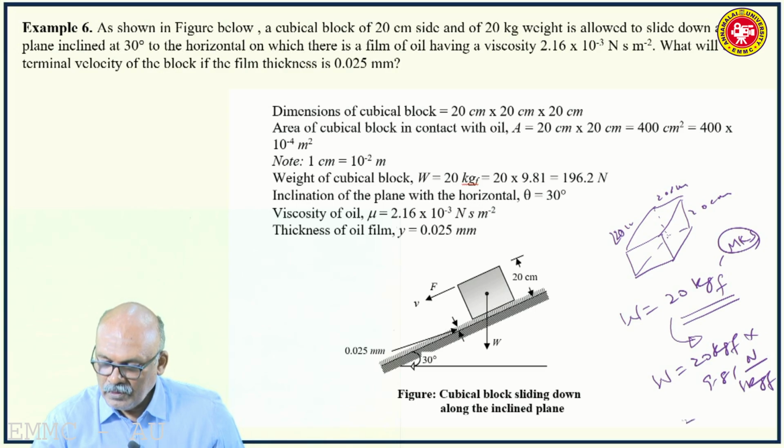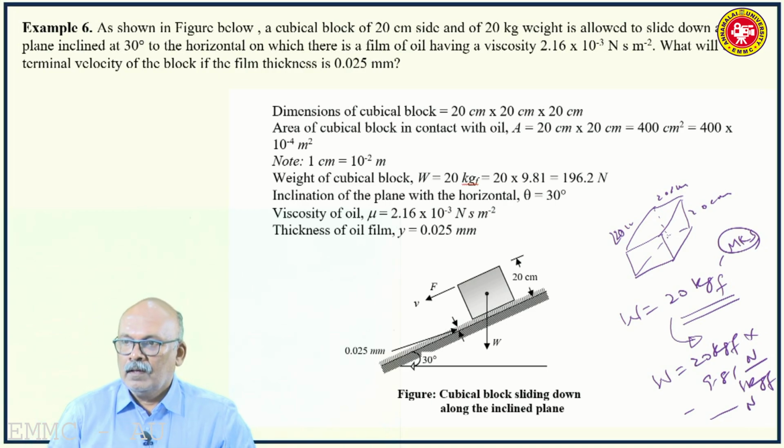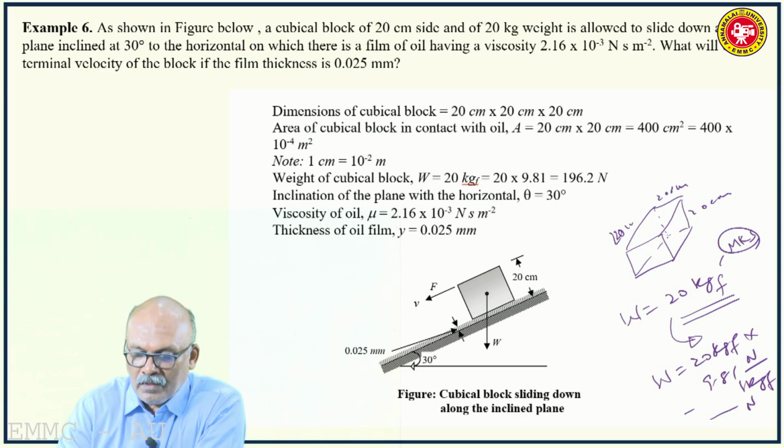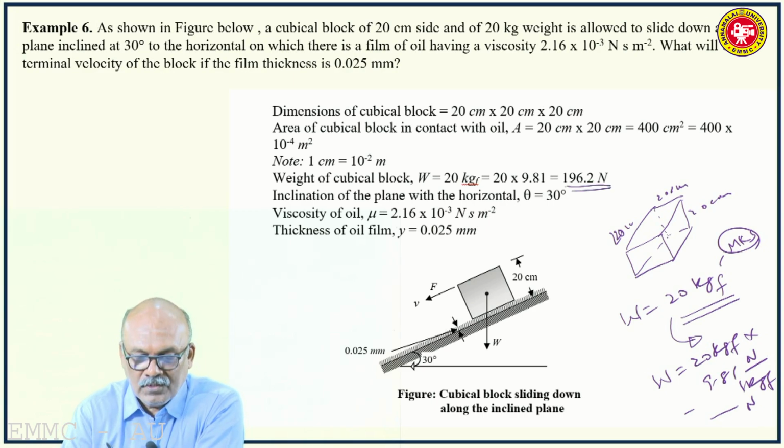So you get the weight in newtons. So 1 kgf is equal to 9.81 Newton. So that is 196.2 newtons, the weight of the cubical block.